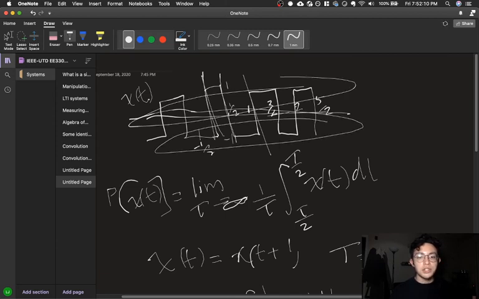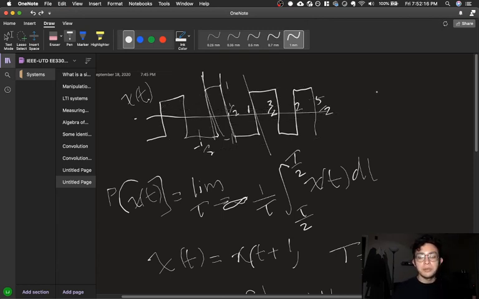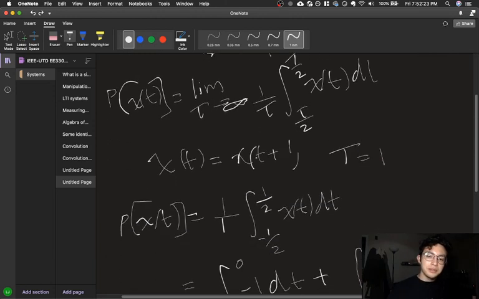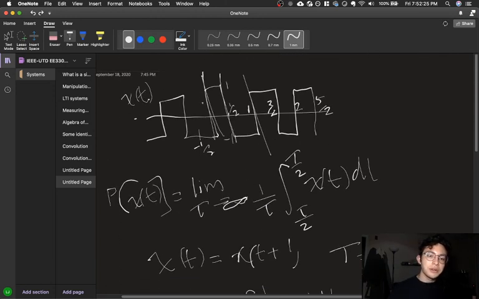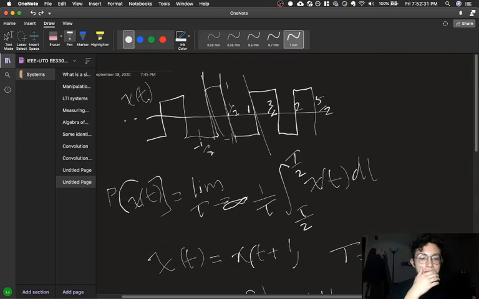We can just take the midpoint of all of that, and that'll probably be our power. The power of this one will be 0 because it has a 0 DC level. It's centered at 0 on the y-axis.